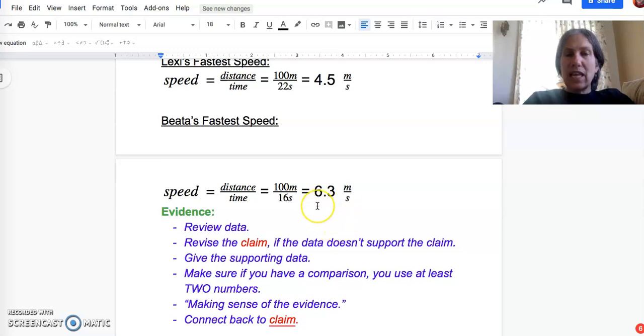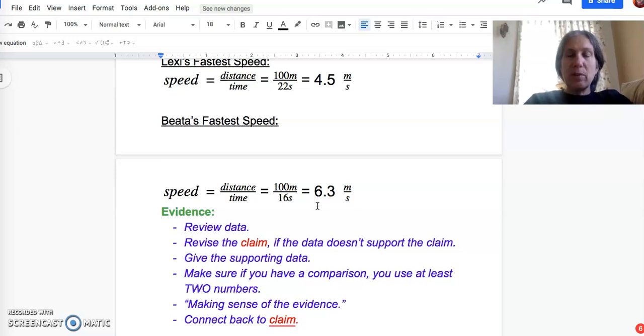That's one thing to say, but it doesn't really prove anything unless you have information about the other runners. Then I can see for myself, oh yeah, her speed is faster. She did it in a faster time, and she's covering more distance in a second than the other runners.